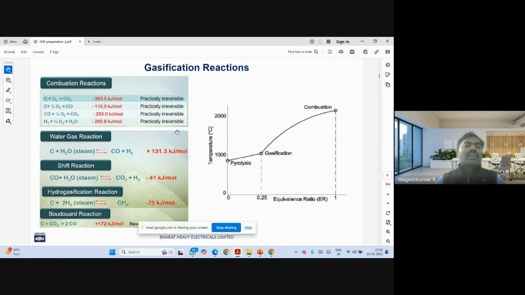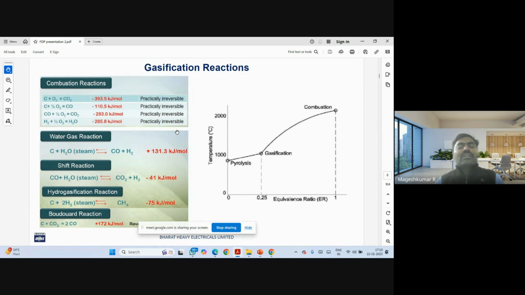First, the coal is dried at a temperature of 100 to 200 degrees Celsius. Further, pyrolysis is done. Pyrolysis is the process where, in a range of 600 to 1000 degrees Celsius, in a low oxygen environment, the carbonaceous material is heated so that the coal becomes char.